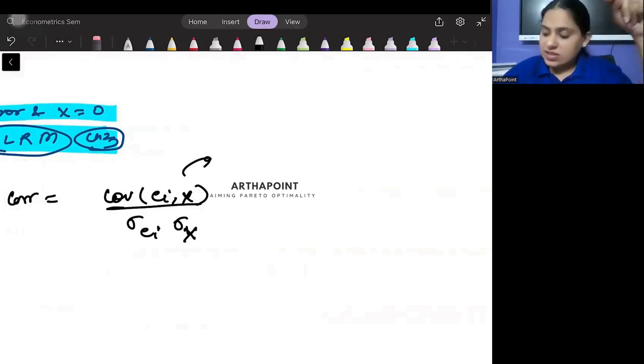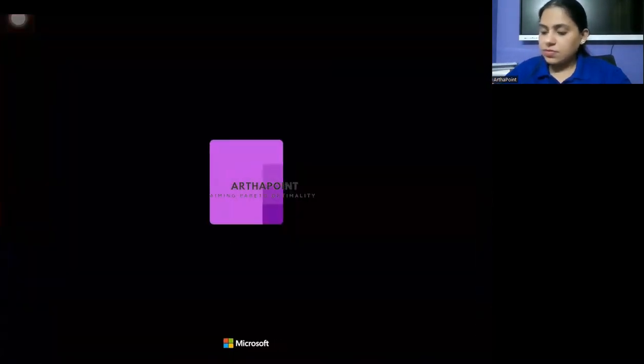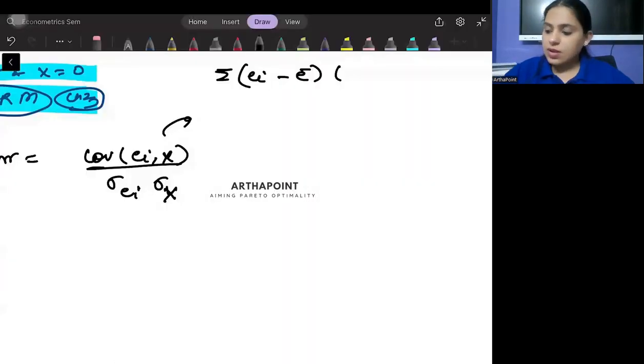And covariance is basically summation (ei minus e bar)(xi minus x bar), right? And e bar is 0, the mean of error is 0.